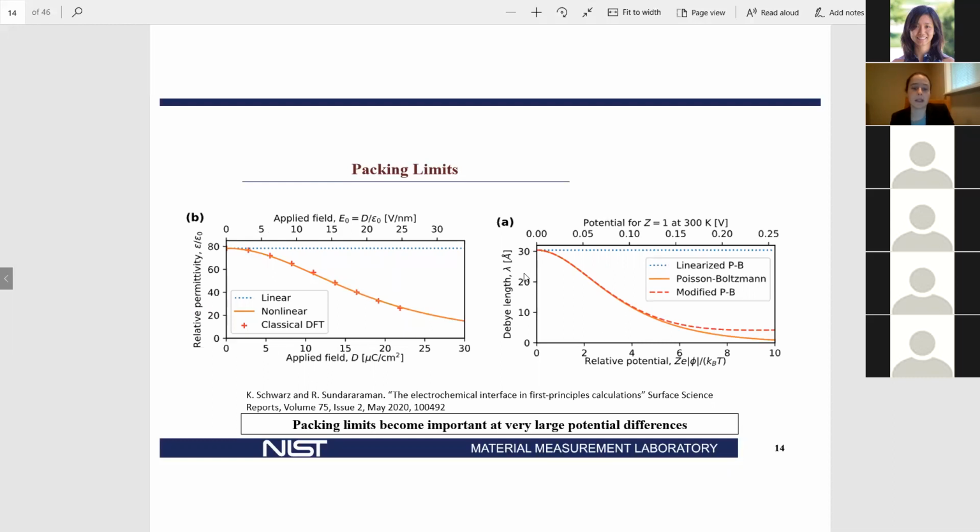If we consider the Debye length as a function of relative potential, the Poisson-Boltzmann equation fits relatively well up to a certain point, at which the modified Poisson-Boltzmann equation becomes necessary, because the local concentration of the ions is too large and needs to be constrained. So essentially, packing limits do become important at very large potential differences.